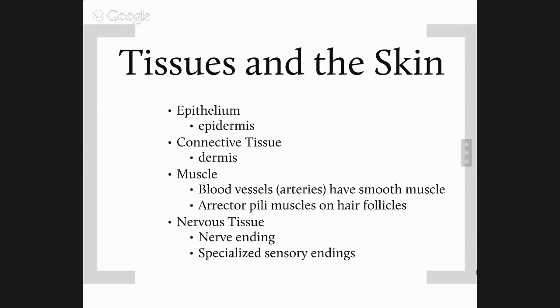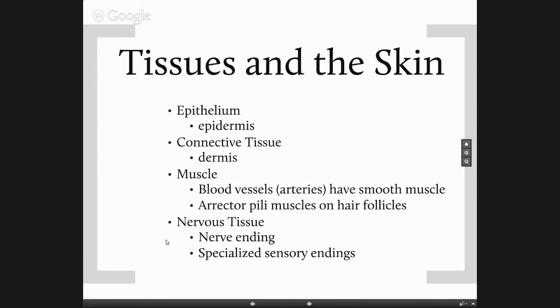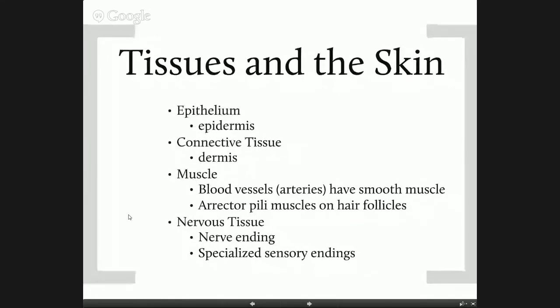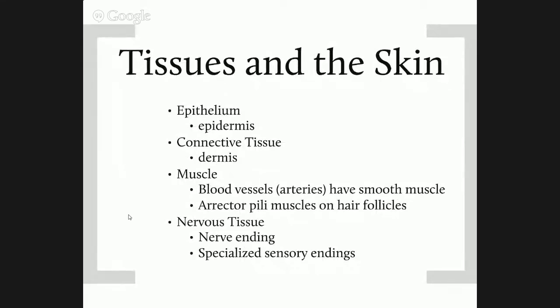And then finally, nervous tissue is very important for the skin because the skin is really a sensory organ. Okay? How we interact with the environment around us, our sense of touch, so to speak, is really based on the skin. And so there's nervous tissue there.